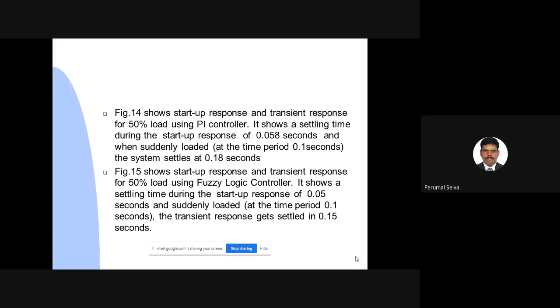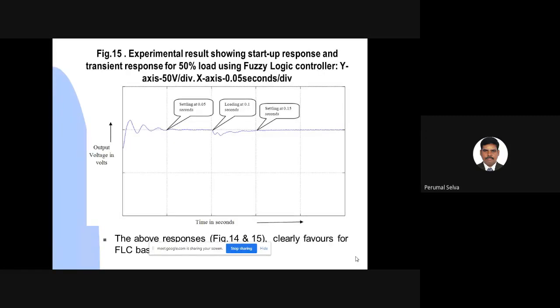So the next one is FLC based, for 50% load. We are using the FLC controller.